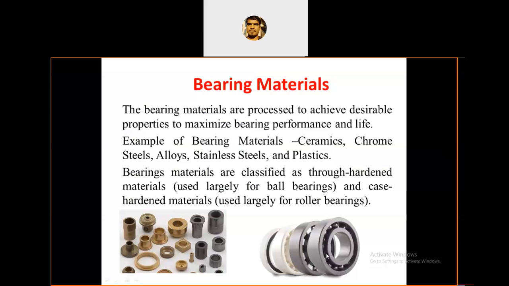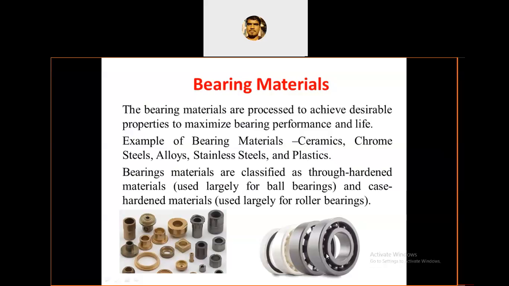So different materials in different operating conditions need different properties. Clear? Just like composite materials. In different operating conditions, it needs different properties. If different property means it is having a different material. You already know what is meant by material. What is meant by material?